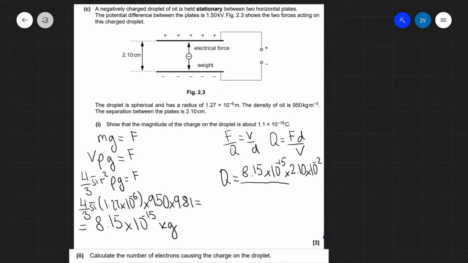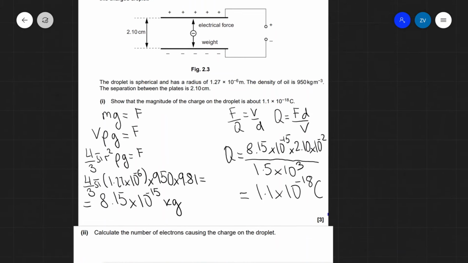And then we're going to divide that by the voltage, which is 1.5 kilovolts as shown here, so 1.5 times 10 to the 3. Now all we need to do is put that into a scientific calculator and find the charge, which will be equal to about 1.1 times 10 to the power of minus 18 coulombs.